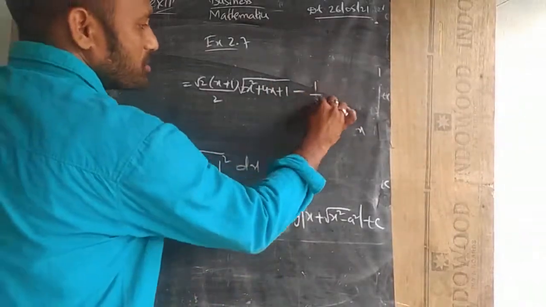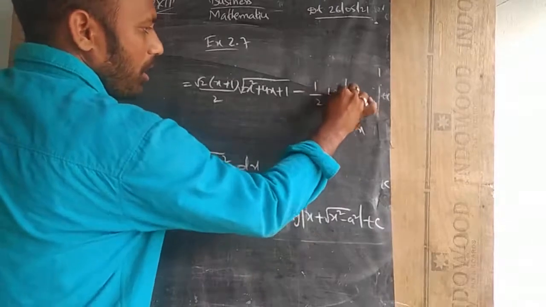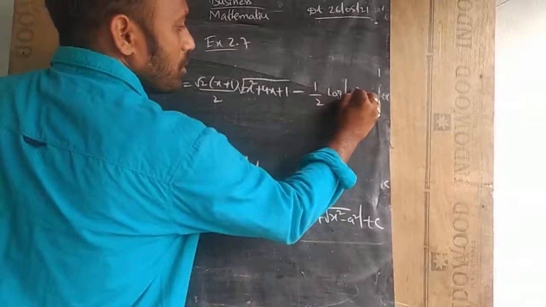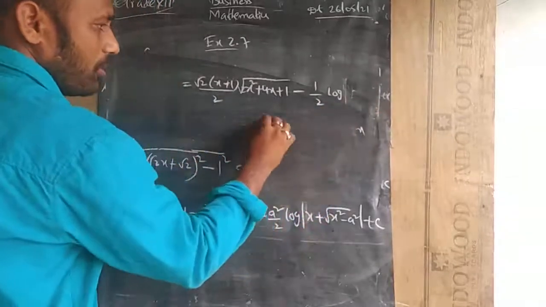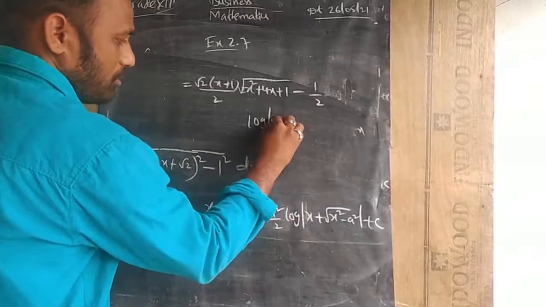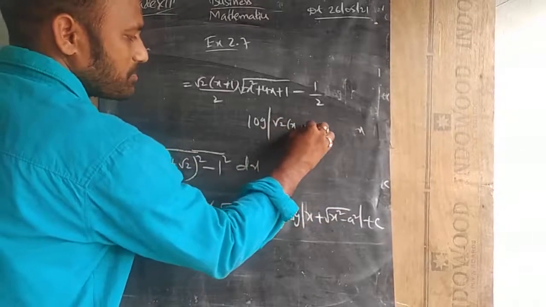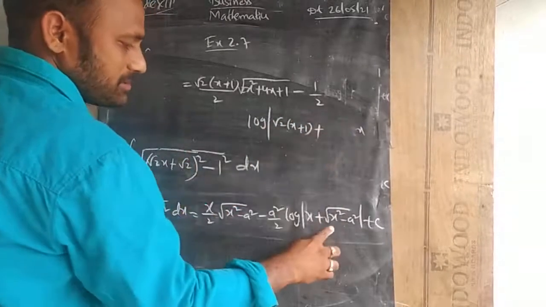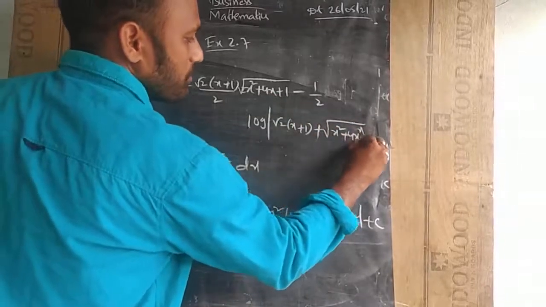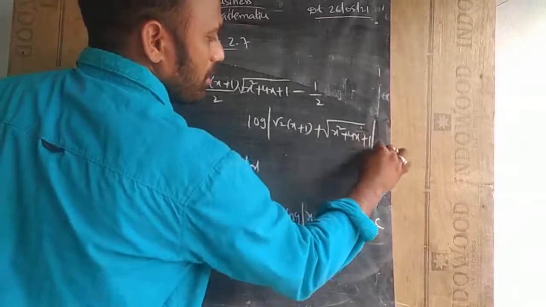A square by 2 means 1 by 2 log of x. Let me write total down. Log of root 2, I can take it common, x plus 1 plus root of x square plus 4x plus 1 plus c.